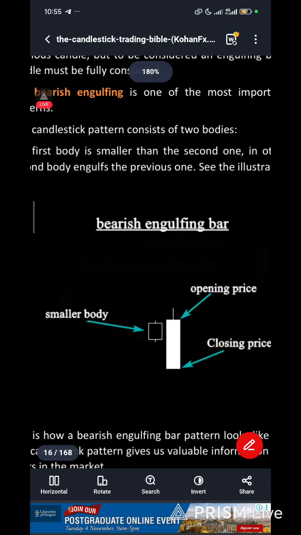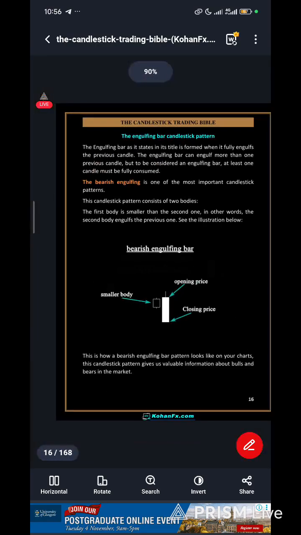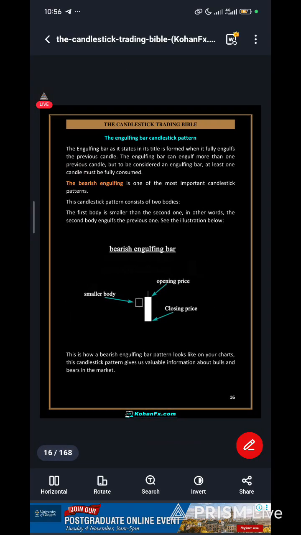This is the bearish engulfing candle. There's always a smaller body from here, and this other one, a very big candle beside it. Okay. This is the opening. This is the closing. So this is how a bearish engulfing pattern looks like on your chart.